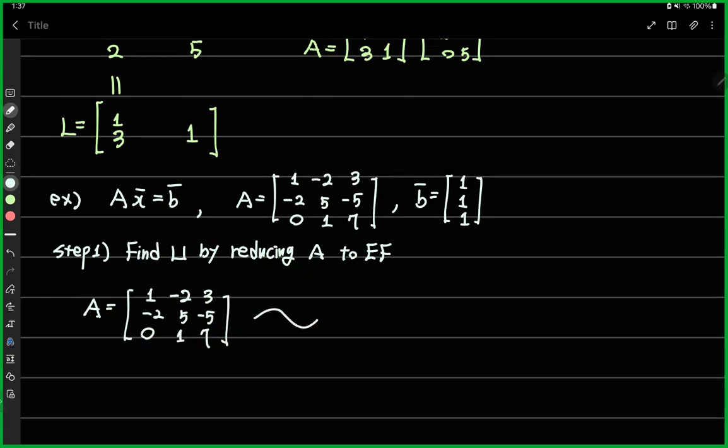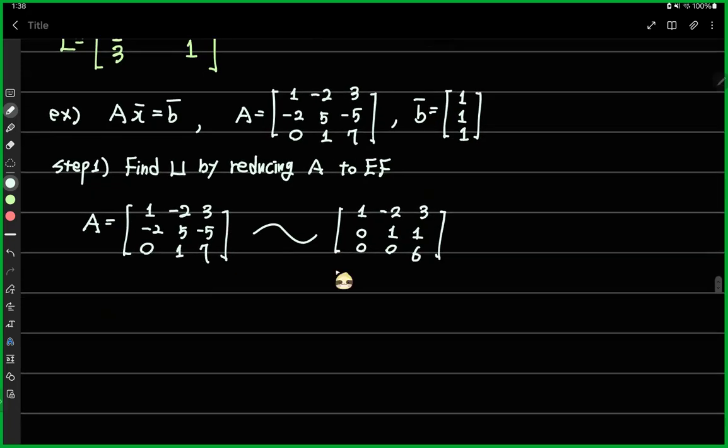Let me skip applying the elementary operations. Doing this, we got 1, negative 2, 3, and 0, 0, 0, 1, and 1, and 6. So that's U. This is the upper triangular matrix.